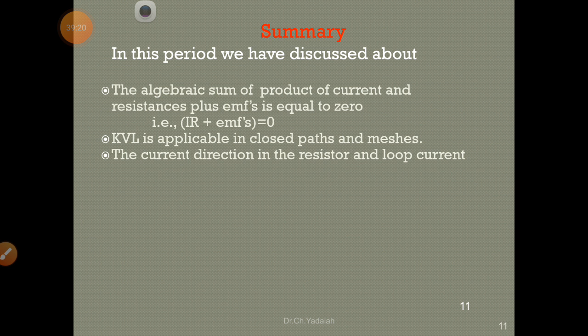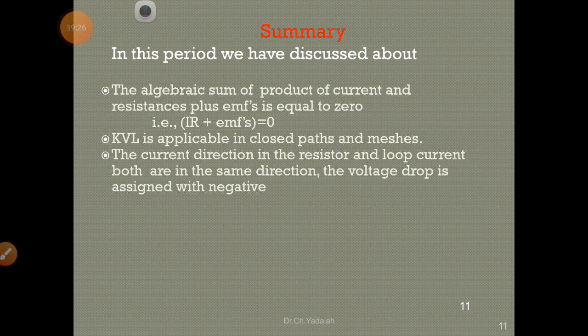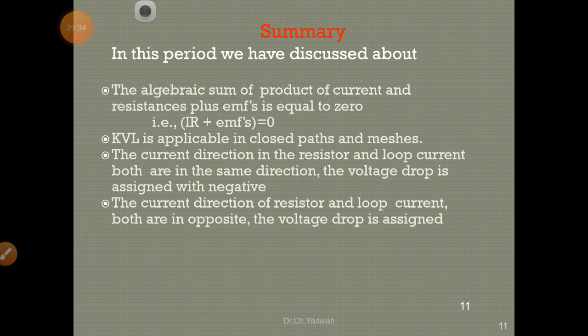When the current direction in the resistor and the loop current are both in the same direction, the voltage drop is assigned a negative value. When the current direction in the resistor and the loop current are opposite, the voltage drop is assigned a positive value. Based on simple calculations you may master the networks.